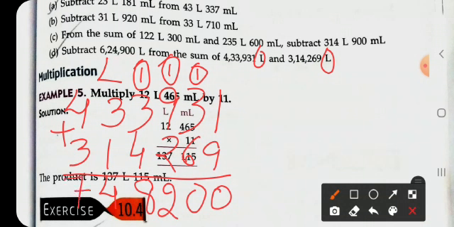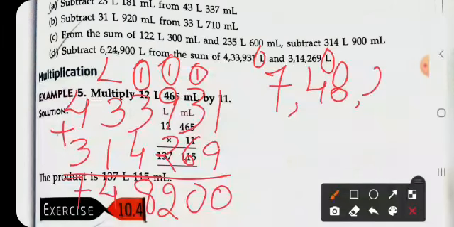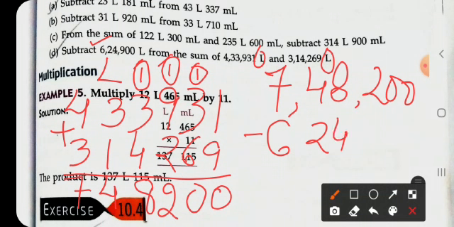Now the total number is 7,48,200, and we will have to subtract this number, 6,24,900.